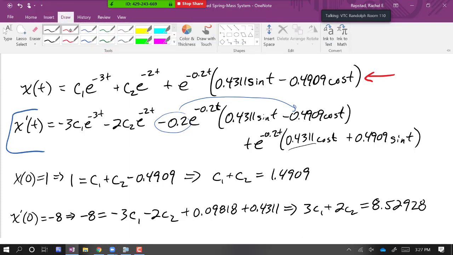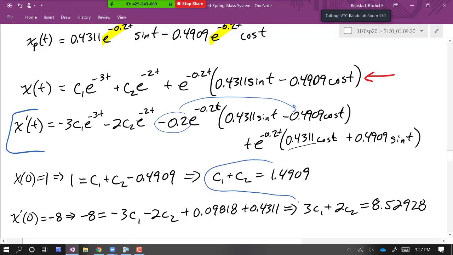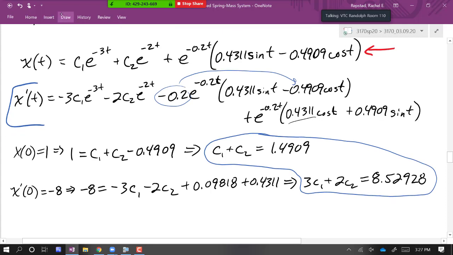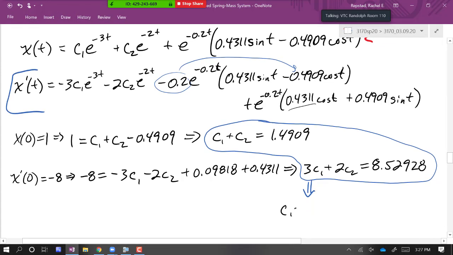So here's our system of equations that we're going to solve, which you could do on the calculator or by hand, but I'm going to save you the trouble and tell you what I got when I did it earlier. I got C1 is 5.54748.